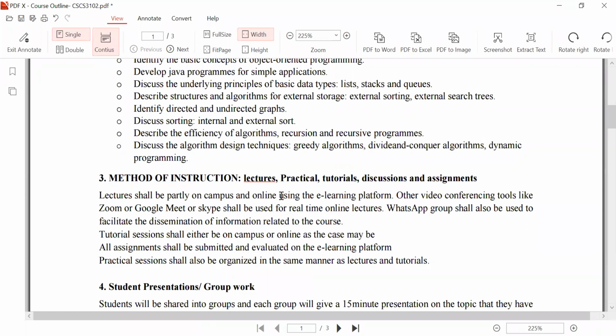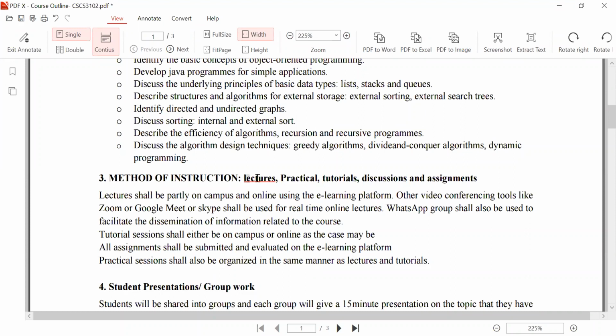Unfortunately, we are starting online now, and we shall continue online for some weeks. I believe by the end of next month, we should be able to start working on campus. But for now, we will start working online.